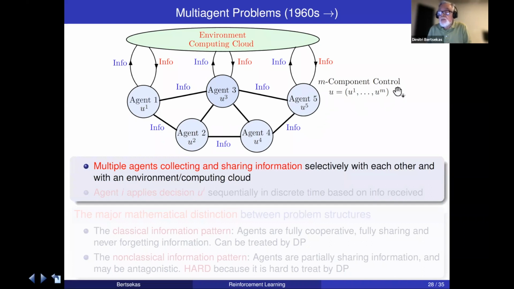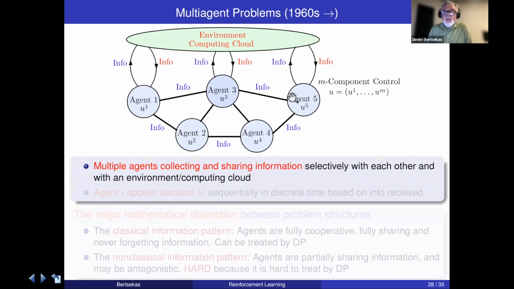And the overall control vector for the problem is the Cartesian product that has as components the agent decision components. So if each of these u_i takes even a small number of values, if you have a large number of agents, the number of these m-tuples becomes quite big.